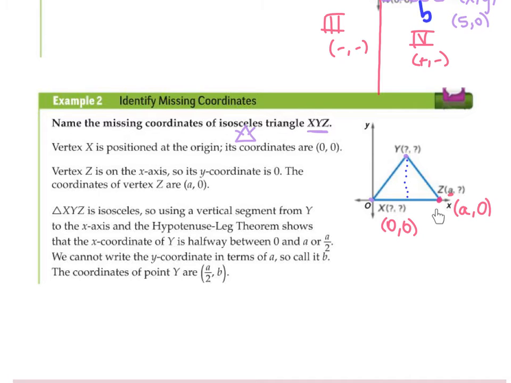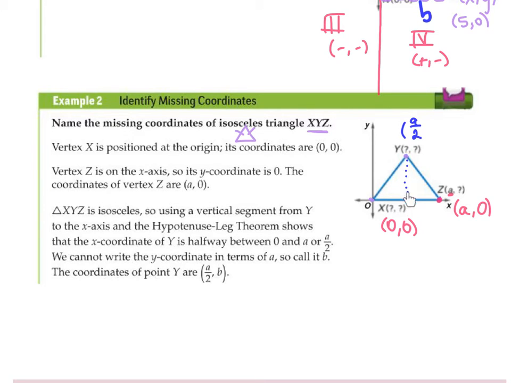between x and z. Well, it's hard to determine the value of x because our z value is a. But we can say that since z is a and y is halfway, we can say that the x value is a over 2, halfway between a.